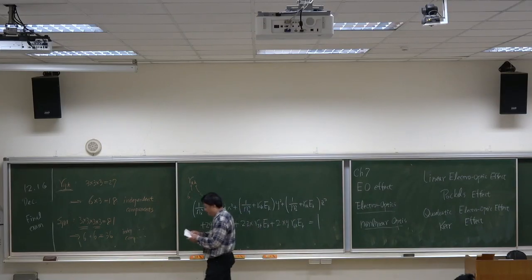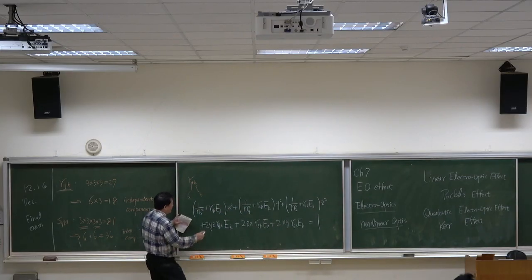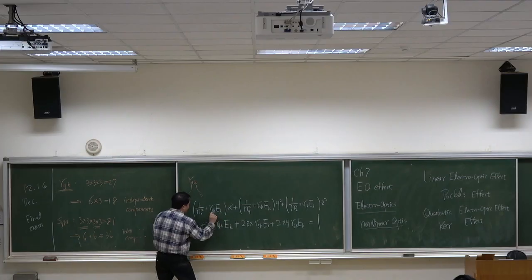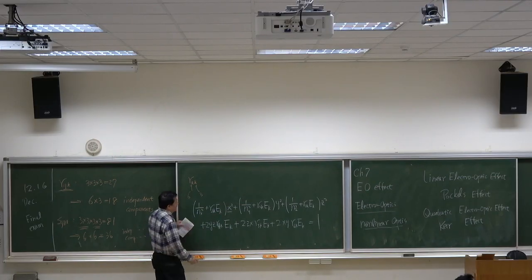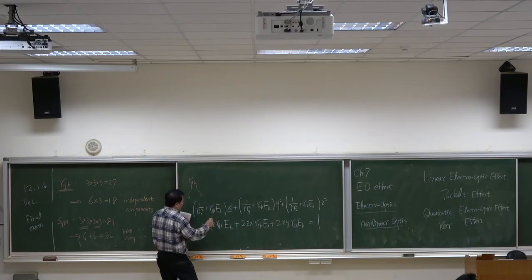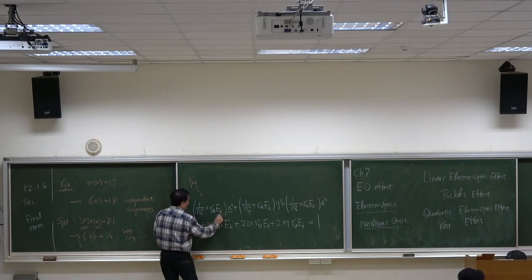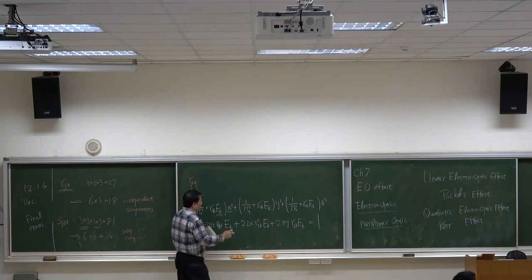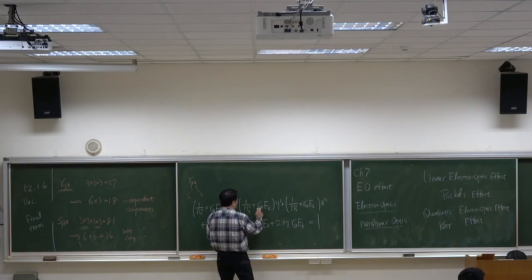Okay? And here, 1 means x squared. For linear EO effect, we have Ek times some index k, so we have R1k Ek. And 2 means y.